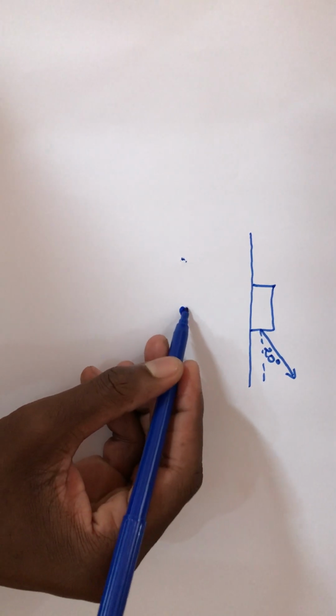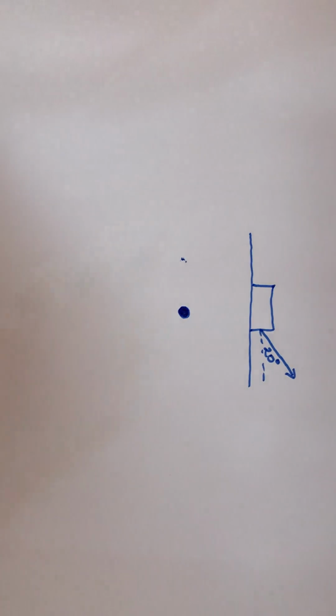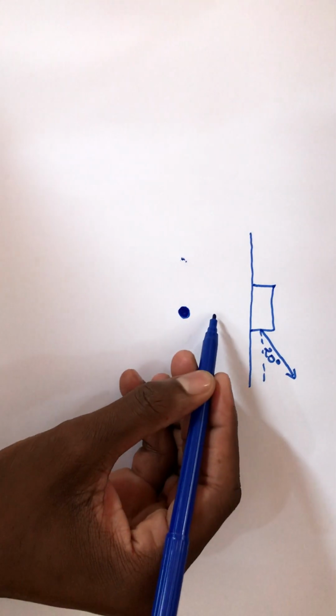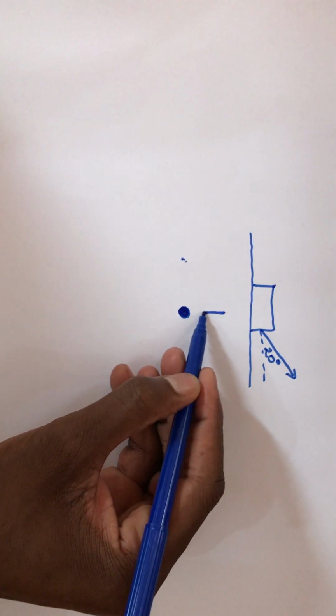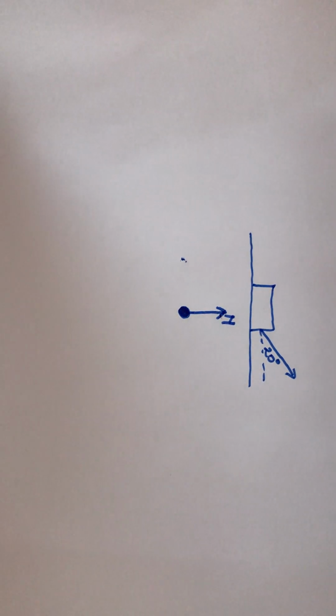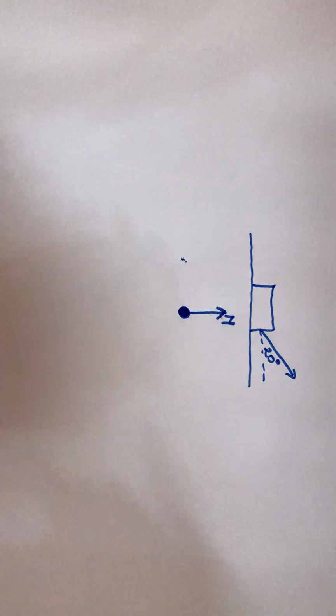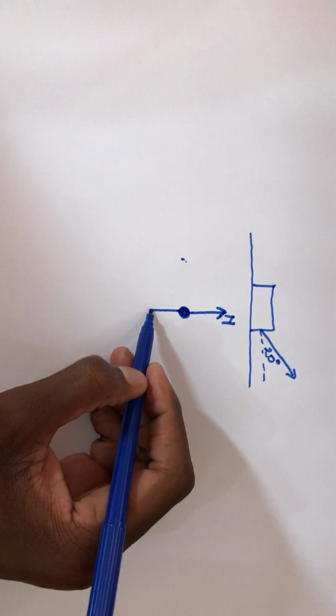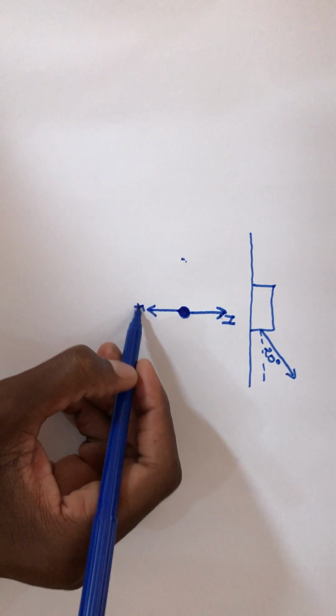So we represent the box, or the object, with a dot. Since it's horizontal, normal force goes up as always, perpendicular to the surface, and we have weight, or Fg, going down.